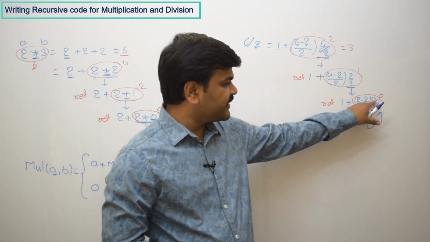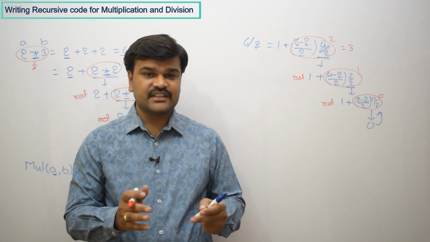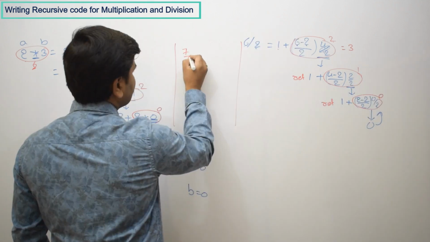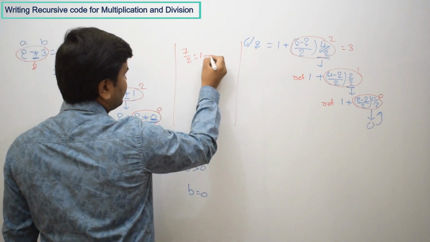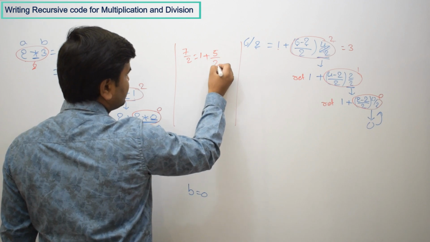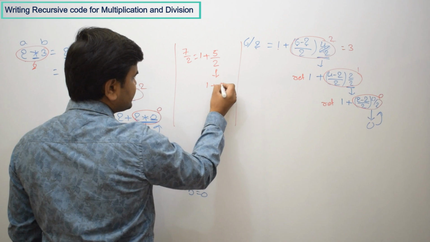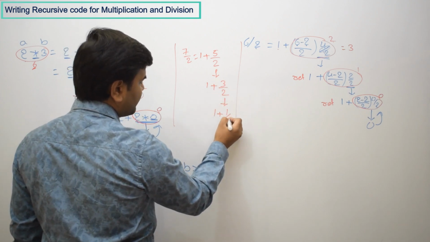Does the numerator always become 0 at the base condition? It is not possible always, right? So for example, if you take 7 by 2, if you observe, same thing. So 1 plus 5 by 2, if you reduce one time, then next time 1 plus 3 by 2, then 1 plus 1 by 2.